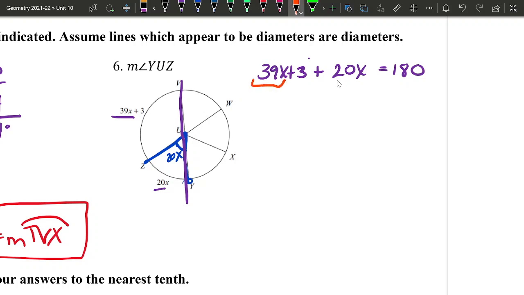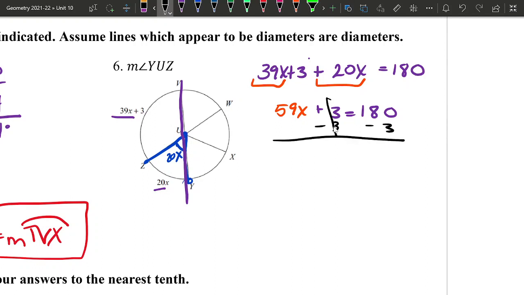I have some like terms, 39x plus 20x, that's 59x. And then plus 3 equals 180. Subtract 3. So 59x equals 177. Divide by 59.